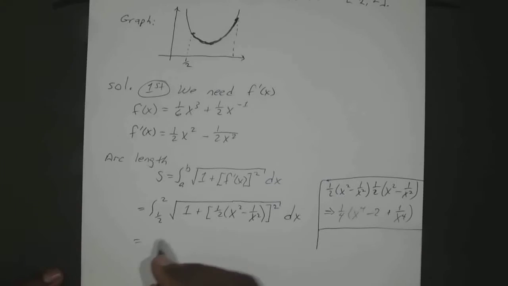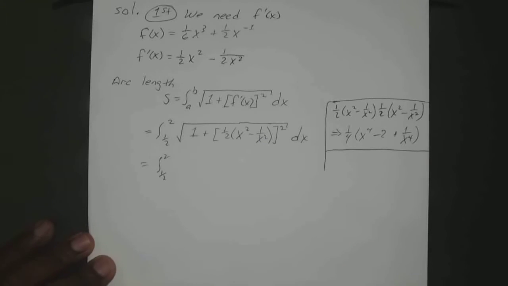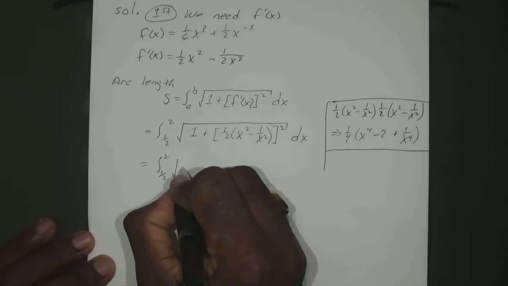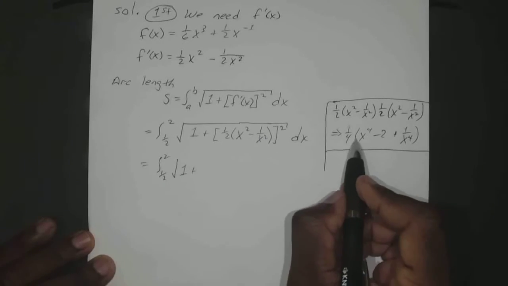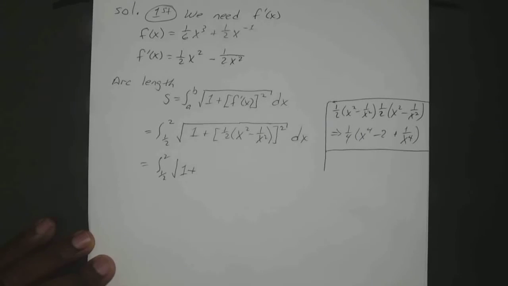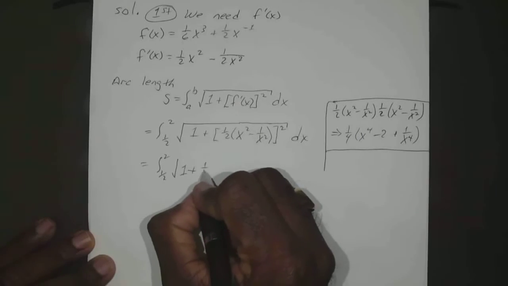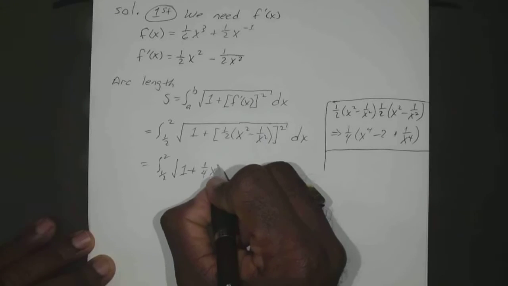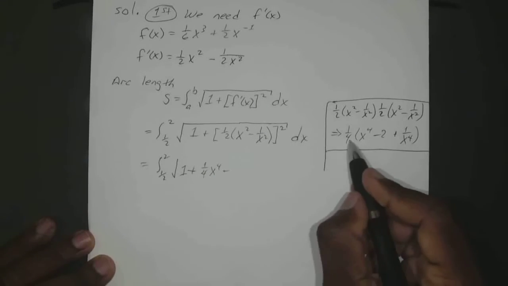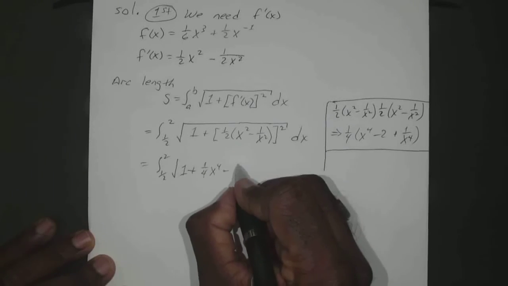Okay, so you end up with the integral from 1/2 to 2. Let's bring that up some. Square root of 1 plus, we can make that 1/4 x to the 4th. Just kind of combine everything. Minus 2/4. We'll leave it as 2/4.